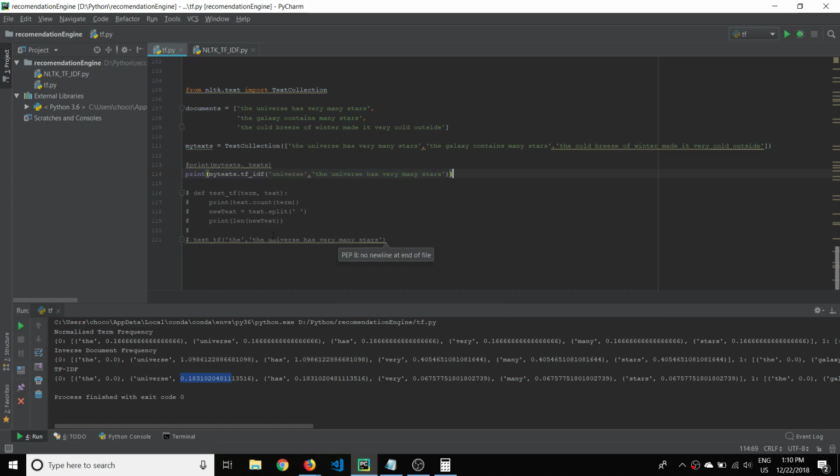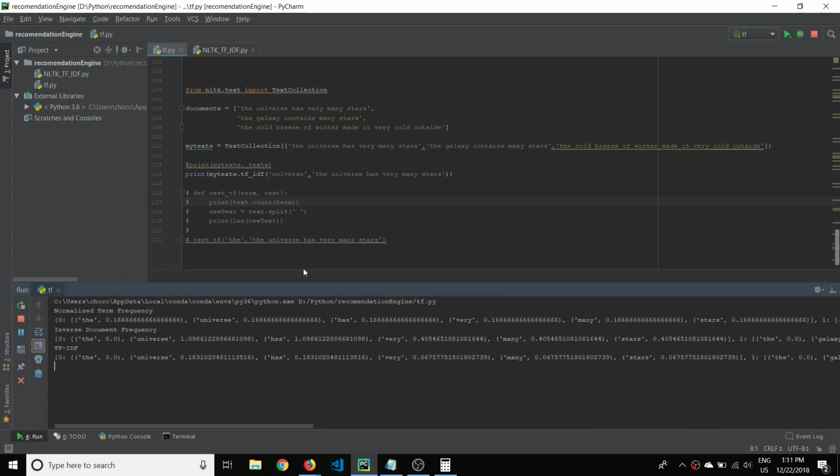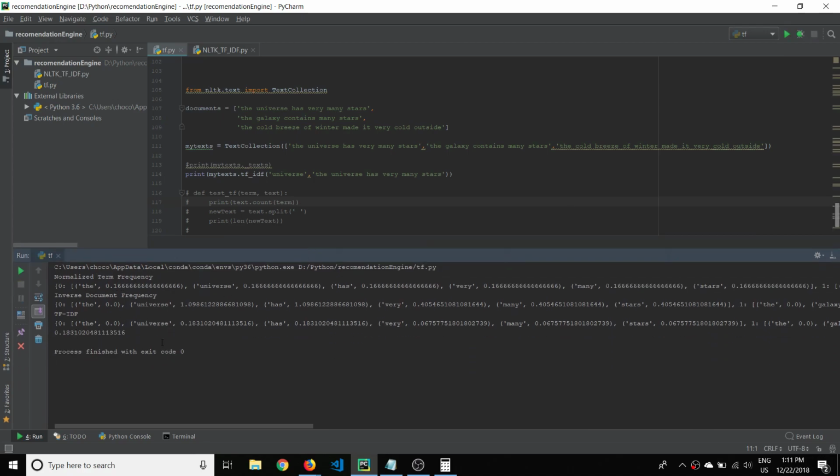So if my math is correct, this value should be the same as this value, because this is the word universe. If we run this, here it is. We can see that universe is 0.183102 according to my calculation.